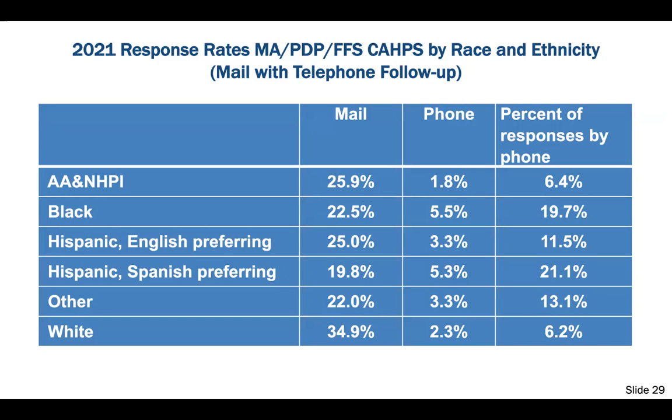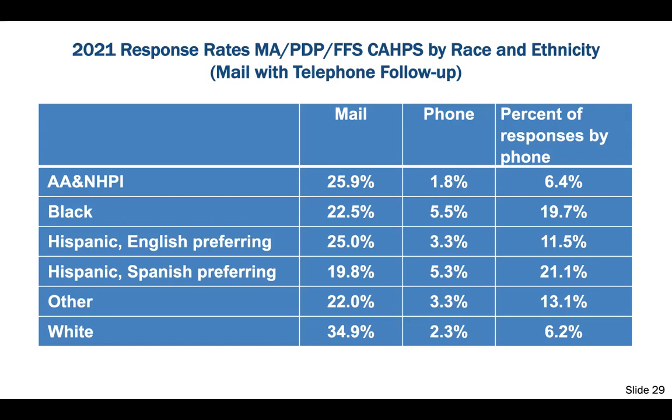And you can see that this survey in 2021 during the pandemic got about a 37% response rate for white respondents, but much lower response rates for a number of other groups. So you can see about 10 percentage points lower for Black respondents. You can see also considerably lower for Spanish preferring Hispanic respondents, for example.